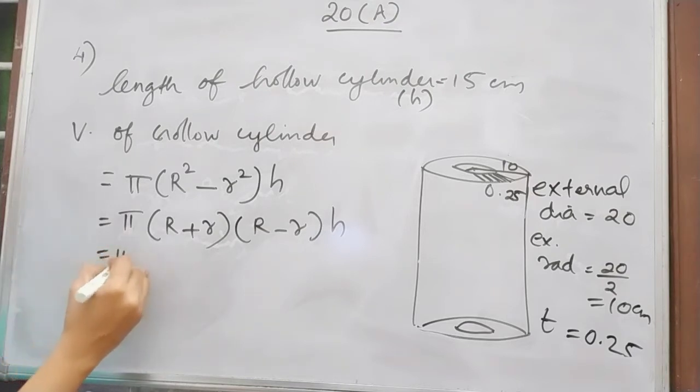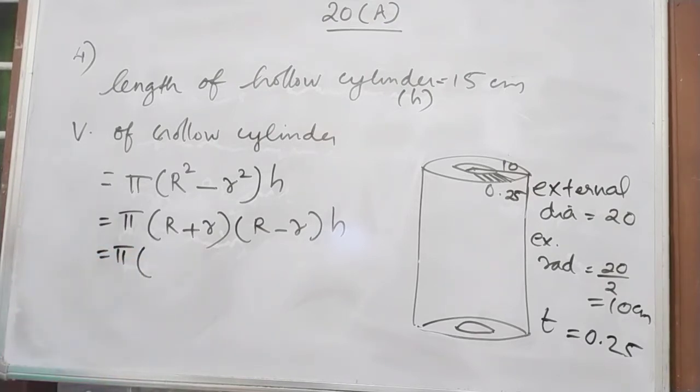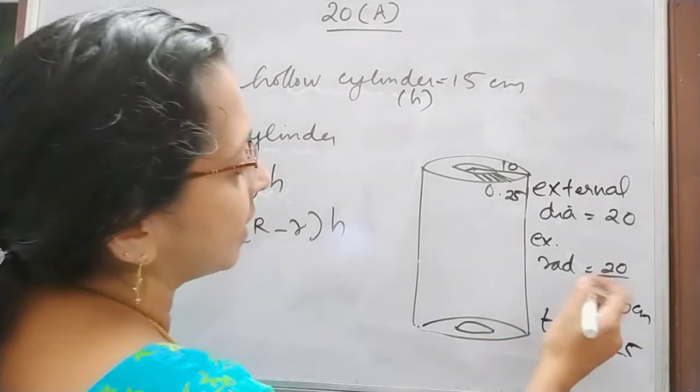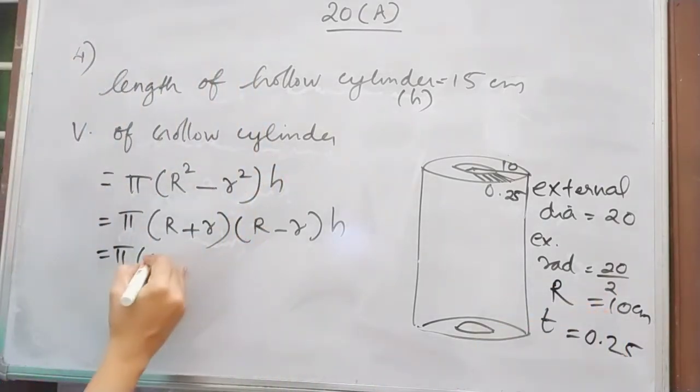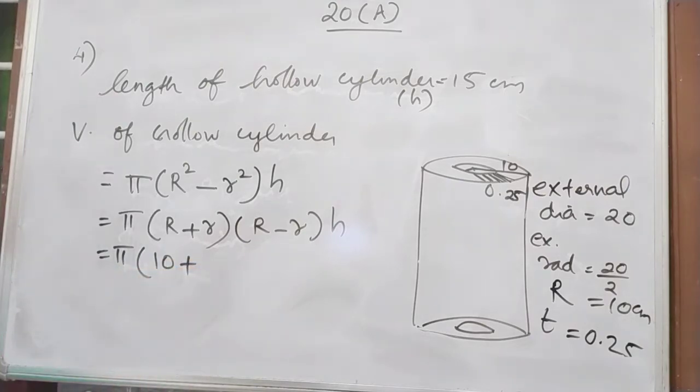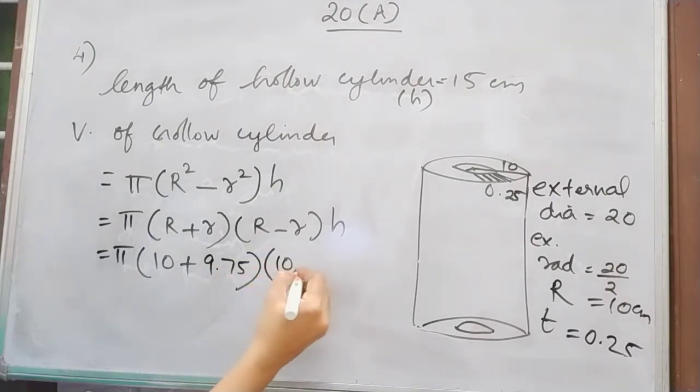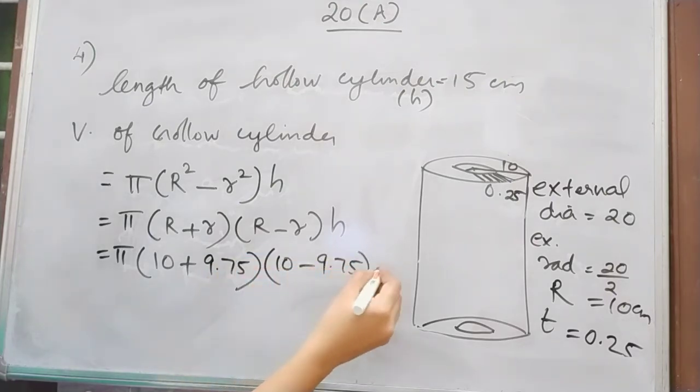So pi into capital R, which is the external radius. Capital R is 10 plus the internal radius we got now as 9.75, into again 10 minus 9.75, into h which is 15.